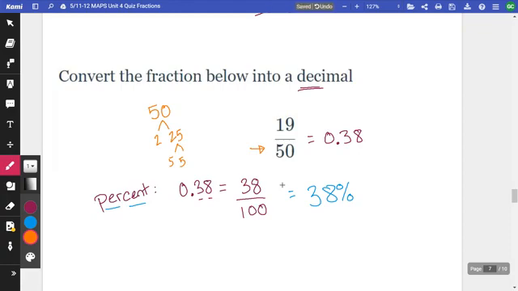There are no other numbers that we need to multiply in order to get 50. 2 and 5 work really nicely in our base 10 system because 2 times 5 equals 10. So whenever our denominator only has 2's and 5's in it, then we don't have a repeating decimal.